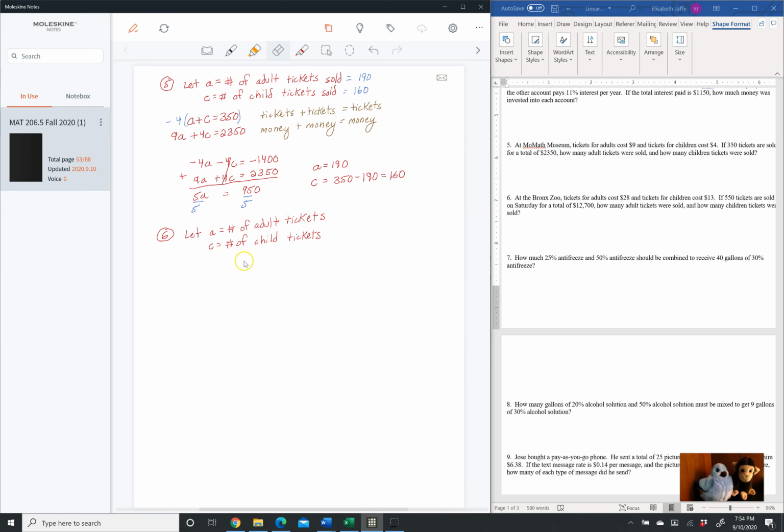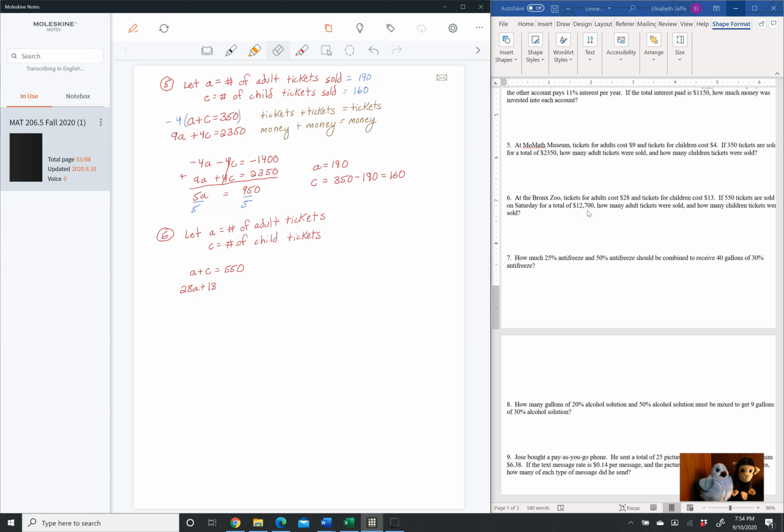And we have essentially the same equations, right? Tickets plus tickets equals tickets. 550 tickets are sold. A plus C is equal to 550. Adult tickets are 28. Children tickets are 13. Total is 12,700. So we have 28A plus 13C is equal to 2,800.